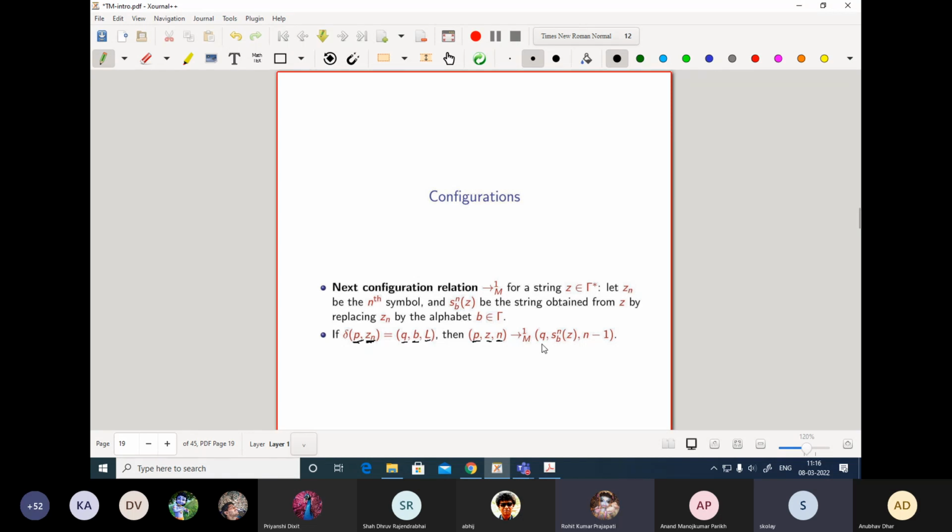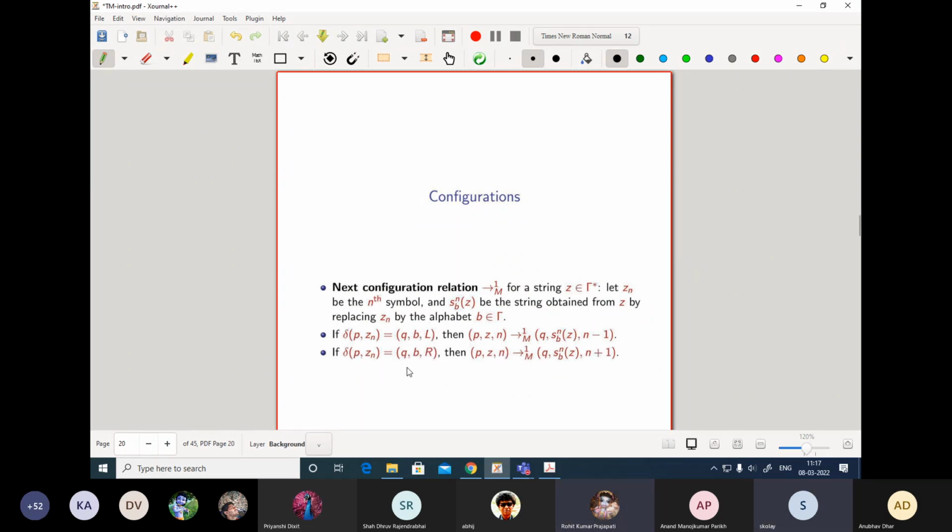And my next configuration is going to be, by the transition function, P changes to Q, Z changes to S_n^B(Z), because Zn I am replacing by B. So Z changes only at the nth position by B. And since the transition function asks the tape head to move to the left, instead of pointing at the nth cell, it will be pointing at the (n-1)th cell.